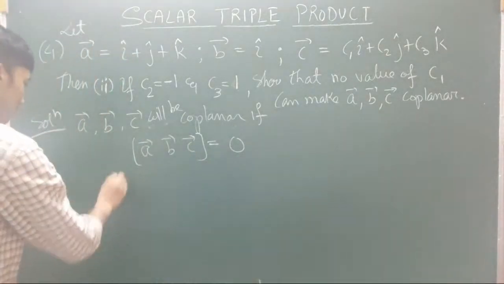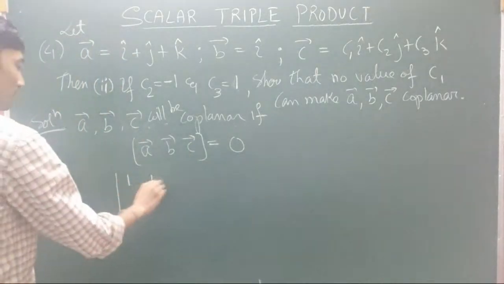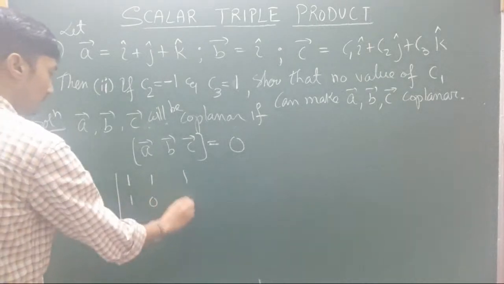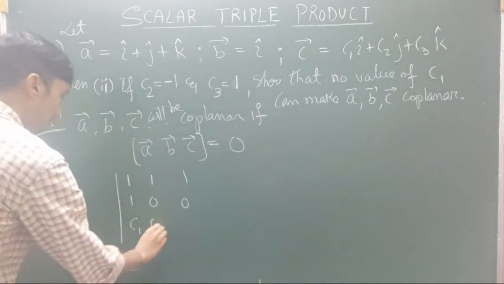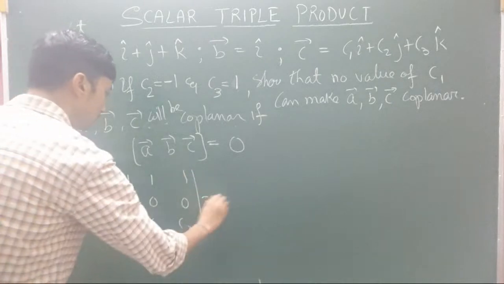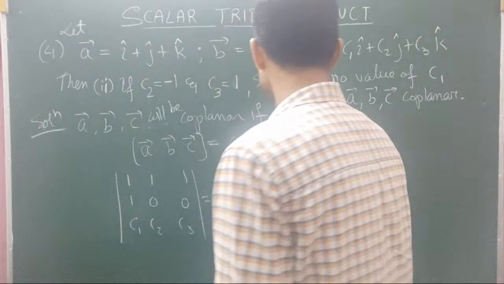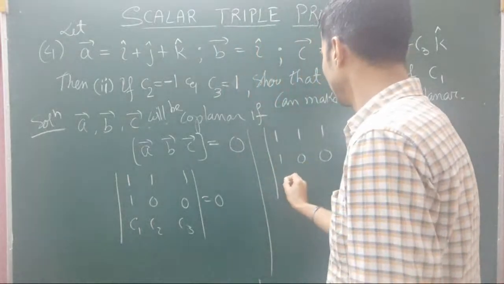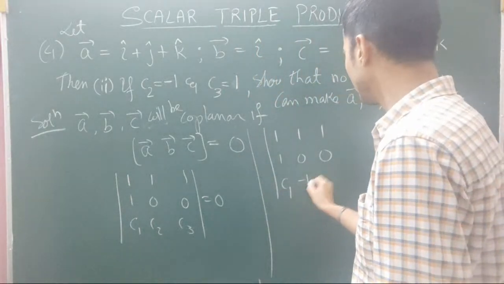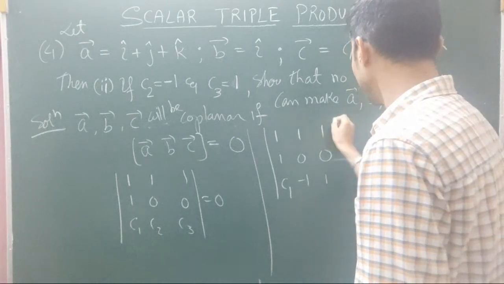If that is the case, what is going to happen? Writing down the coefficients once again: C2 minus 1, this is plus 1, equal to 0.